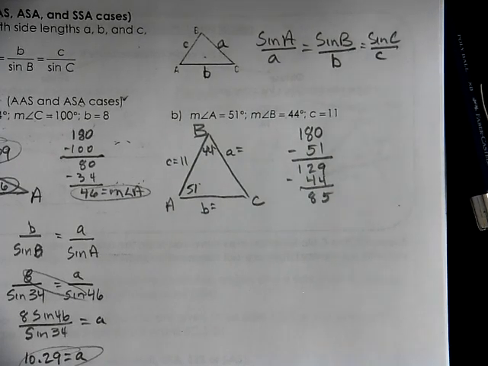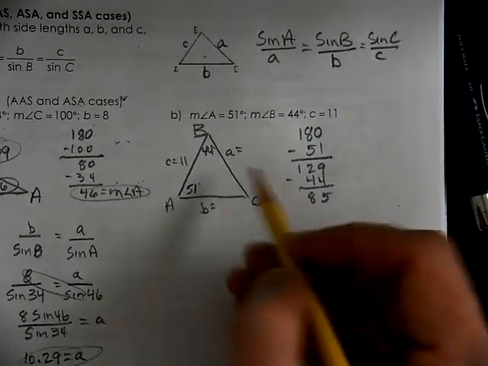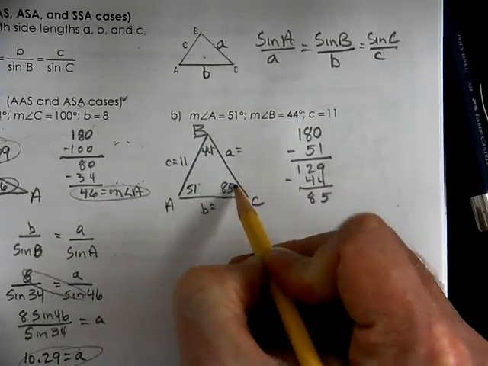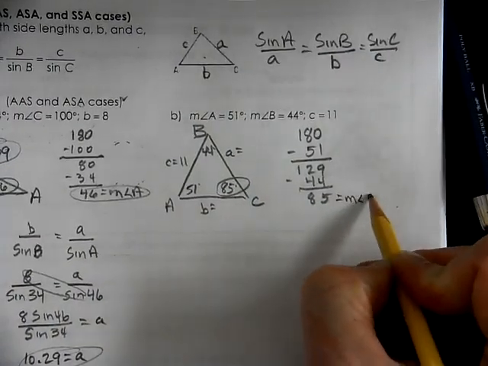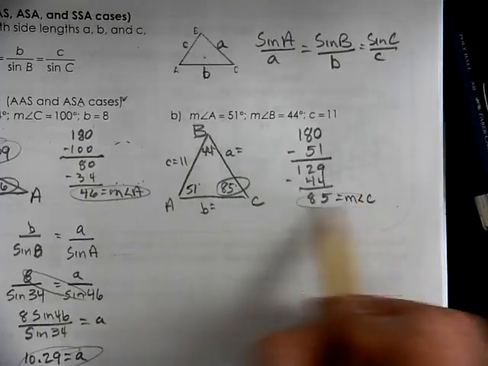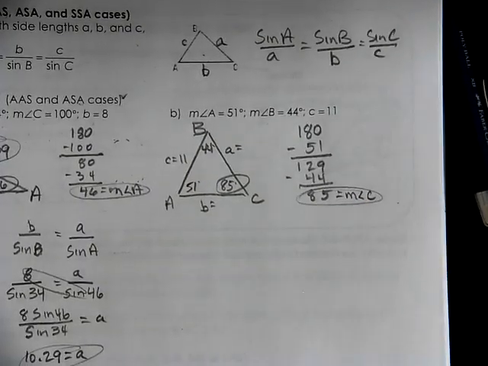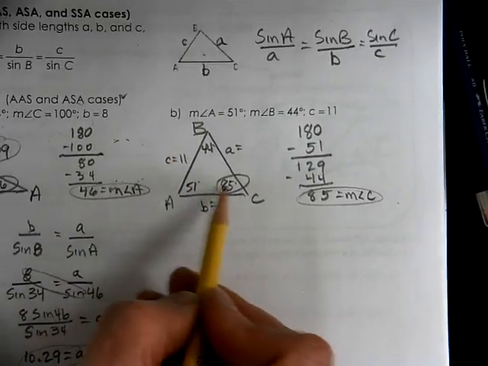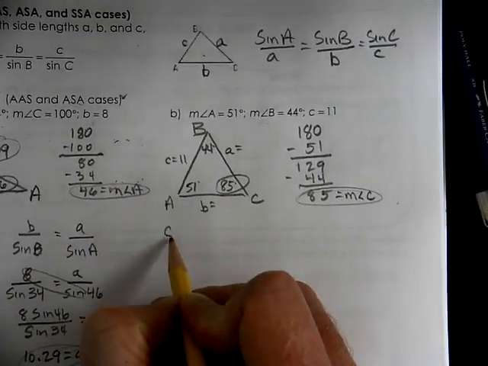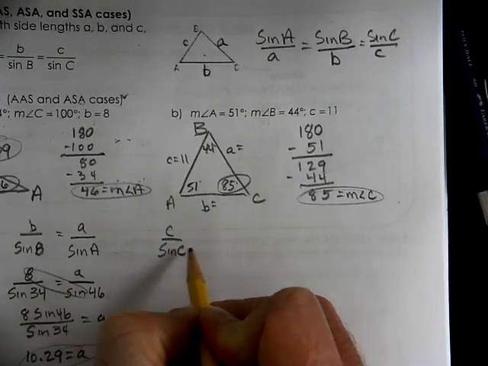Gives us 85. So we have the measure of angle C taken care of. Now you notice that C is the letter that we know both bits of information for. So we can use law of sines.